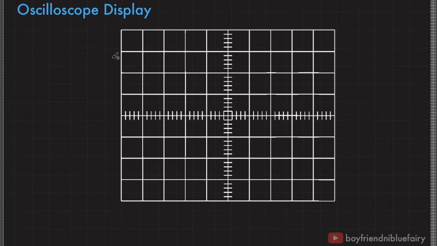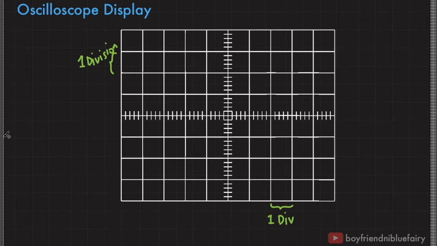Along the vertical axis, this is what we consider one division. And not this one. Similarly, when it comes to horizontal reading, this is what one division looks like. This is what we call the one division for the horizontal reading.